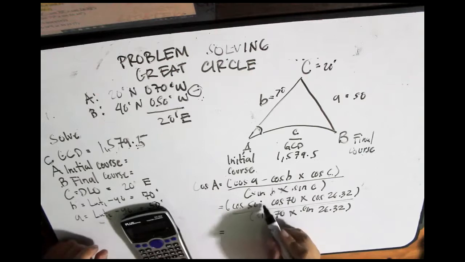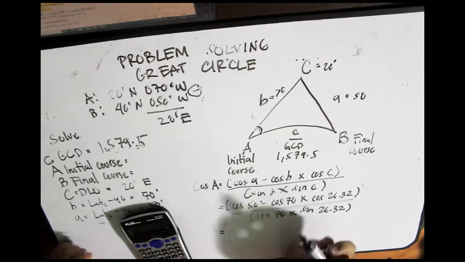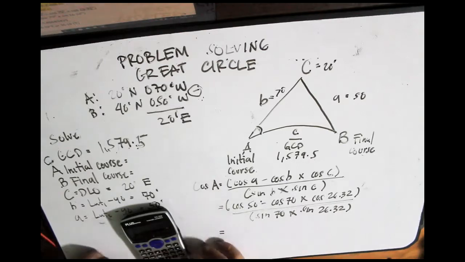Buti napansin ko. Cosine 50 minus cosine 70 times cosine 26.32, divided by open sine 70 degrees times sine 26.32.